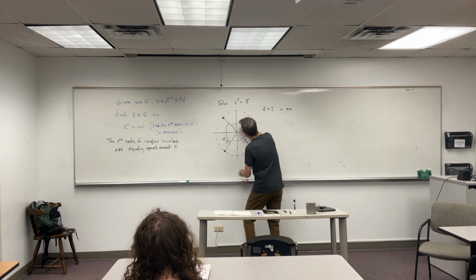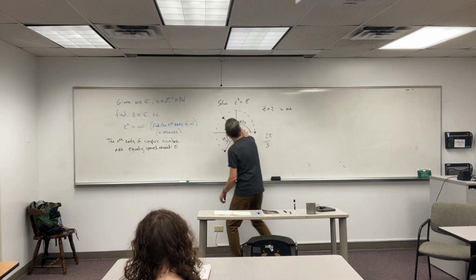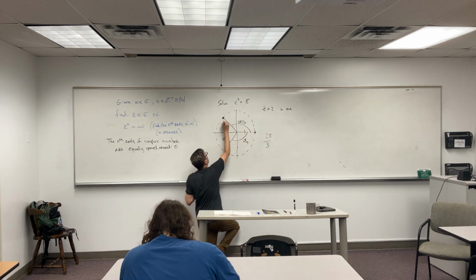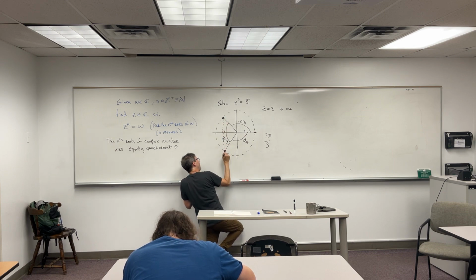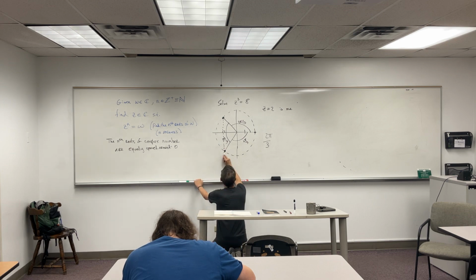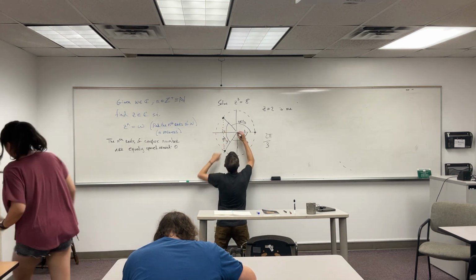So let's find this first one here. So we got 2. This one here, let's do a little trig. Draw an angle down. All I need is this side and that side, and I know the complex number. And as soon as I know this one, the rest are going to be pretty easy because of the symmetry here. This is pi over 3, and this is pi over 3. So what is this angle here?